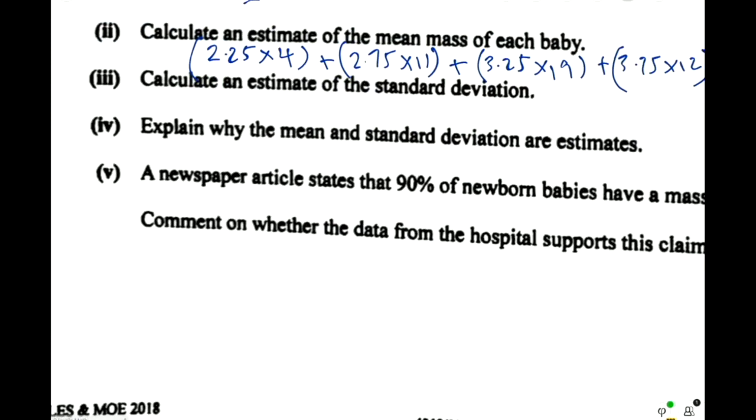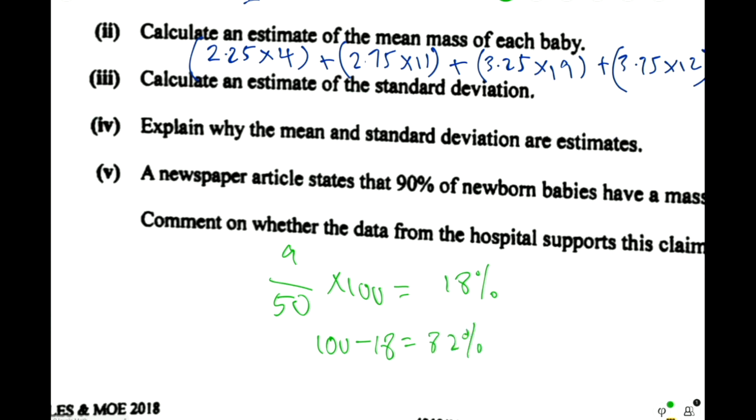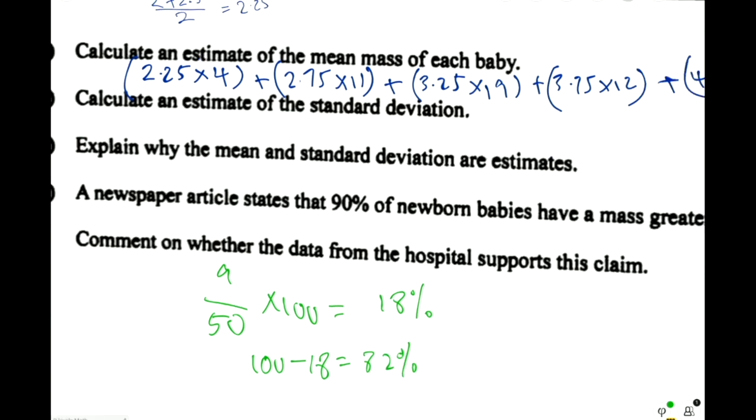The information says 90%. So the data does not support it. Why? Because 9 out of 50 times 100, we get about 18%. So 100 minus 18 is 82%. So it's not 90. Why do you think 100 minus 18?